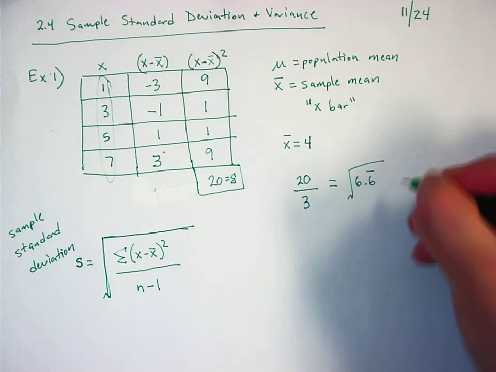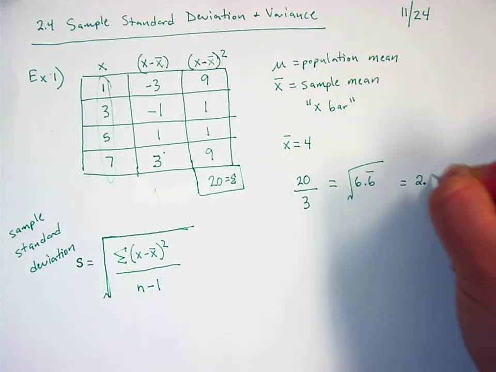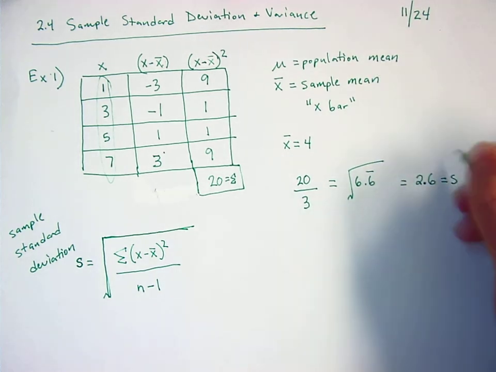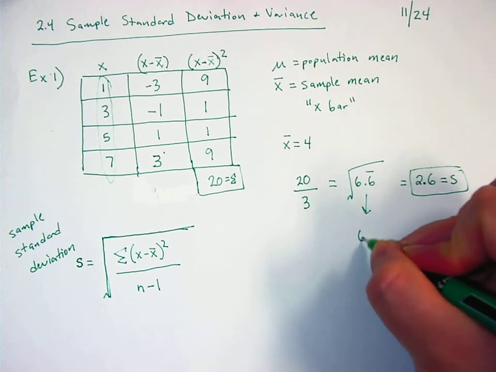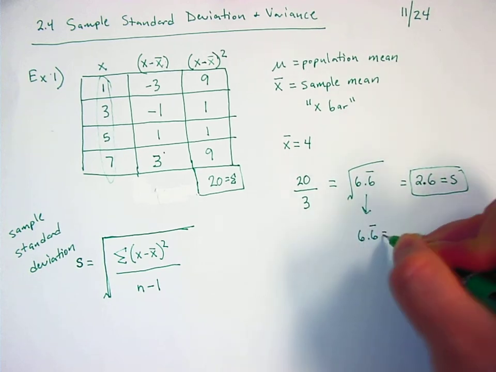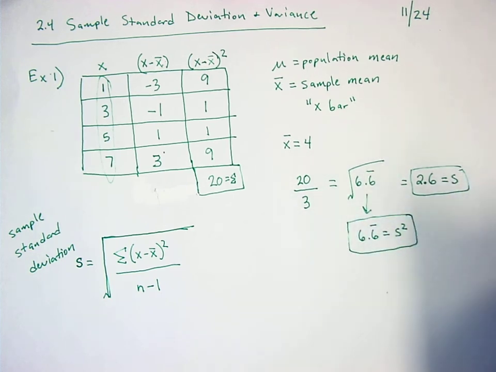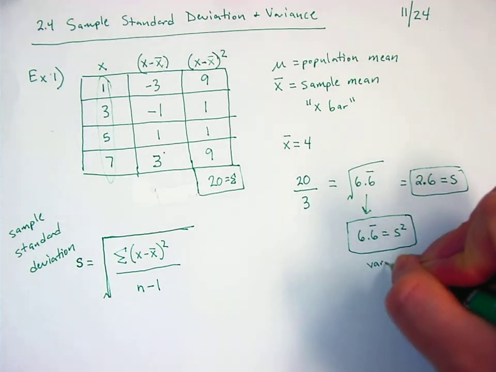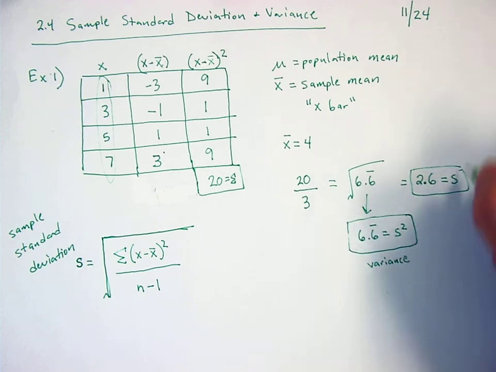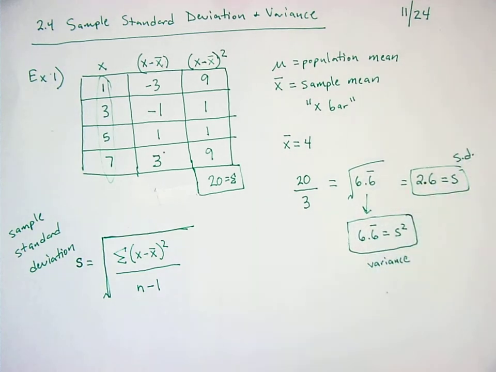Which gives me about 2.6-ish for my standard deviation. Now, this number, before I took a square root, that's 6.6 repeating, that was the variance. So the step right before you take the square root is the variance. I'm going to write variance next to this one, and standard deviation next to this one.